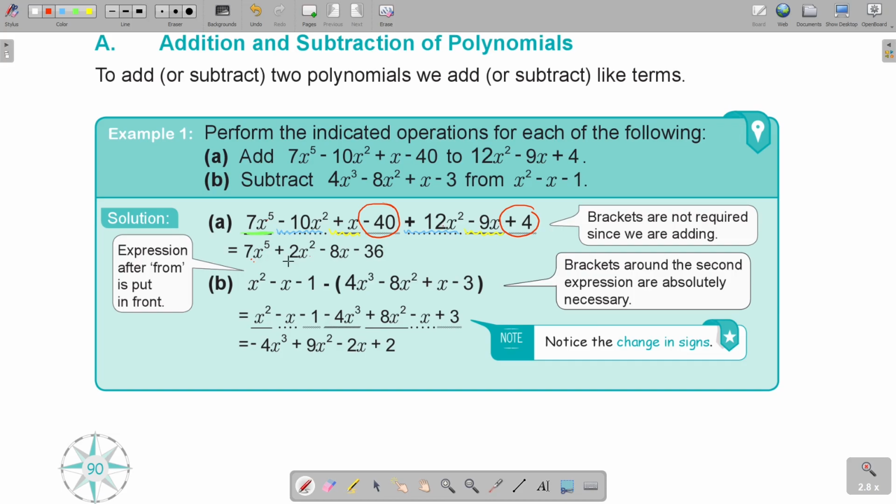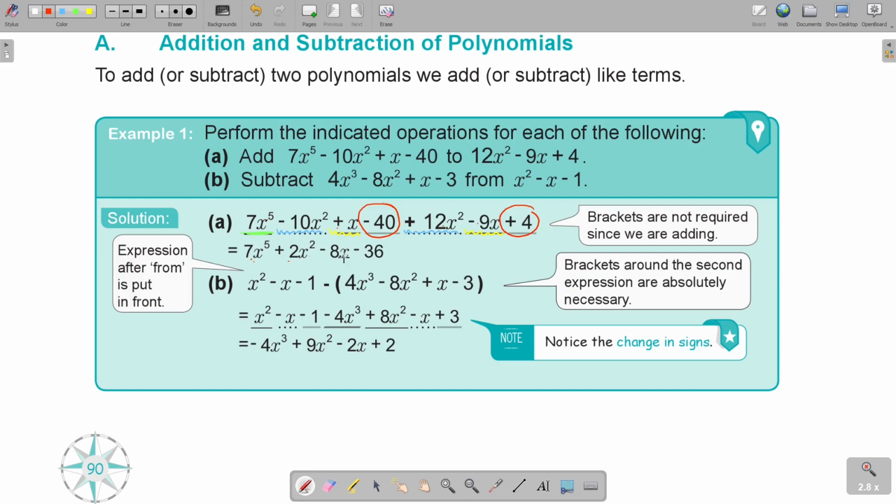That's 2x squared. This one is the yellow one, minus. Now, if you still struggle with negative numbers, you have a calculator. But I want to repeat the process for people who are struggling. If the signs are different, I subtract and I just keep the sign in front of the big one. That's why I got negative 8x.